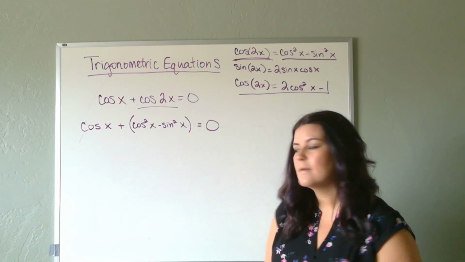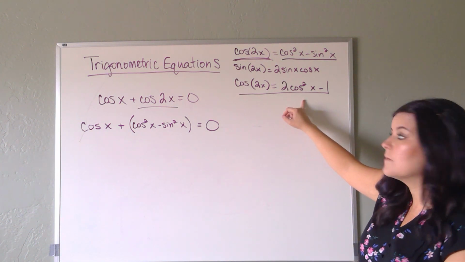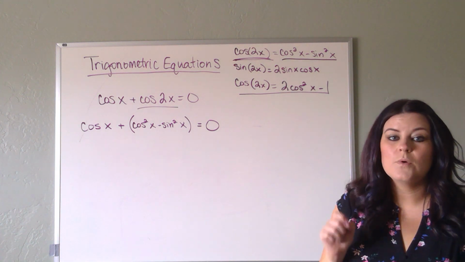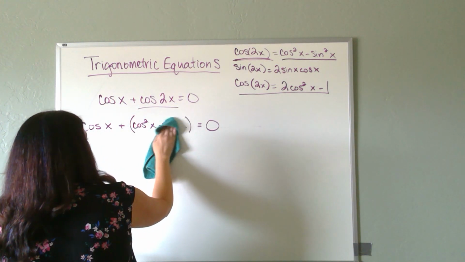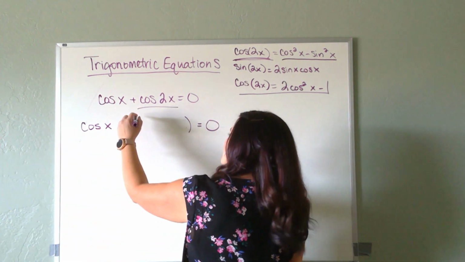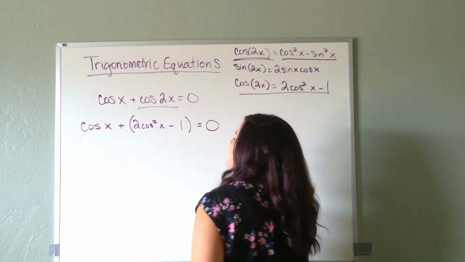So I went back and I found another one. I'm going to use this one. Remember, they're both identities, which means they are both true all the time. So instead of writing it as cosine squared minus sine squared, let's try this version. Let's write it as 2 cosine squared x minus 1.